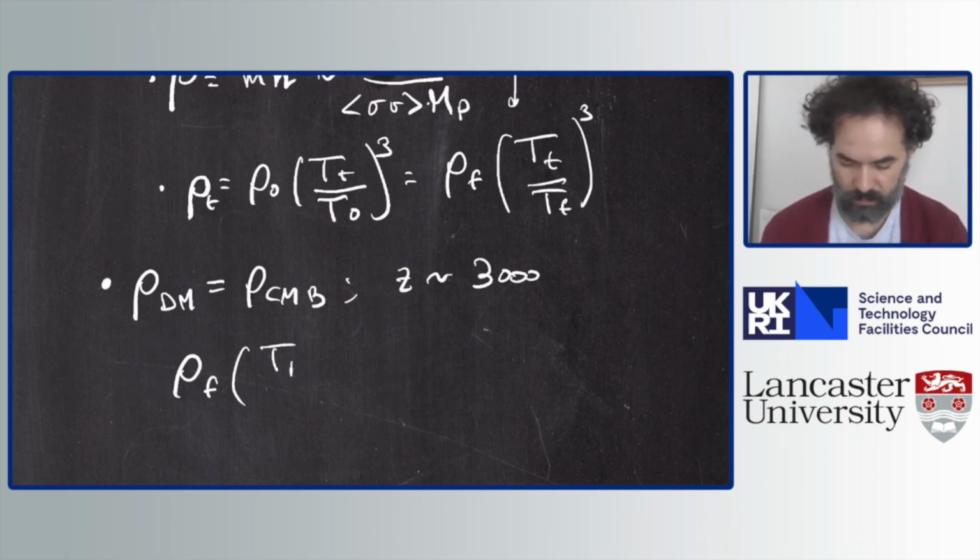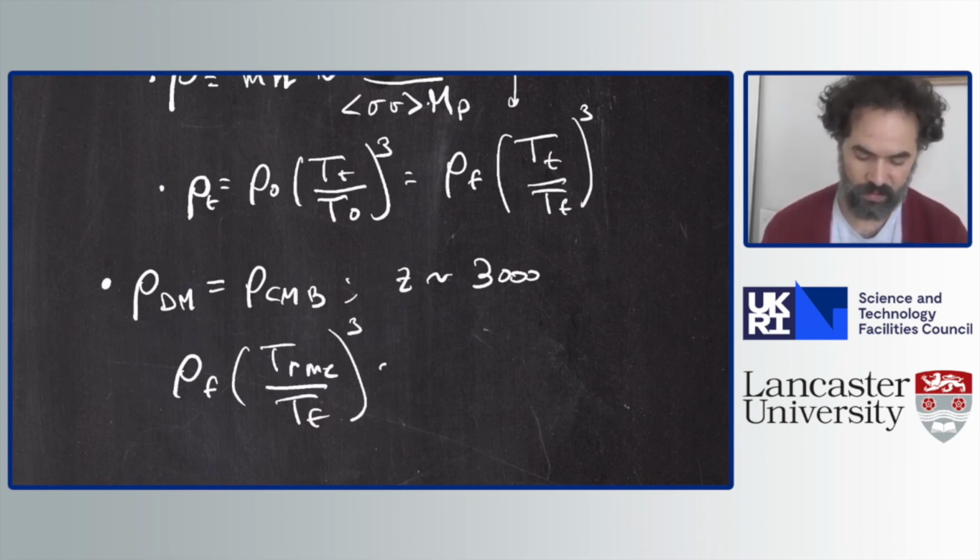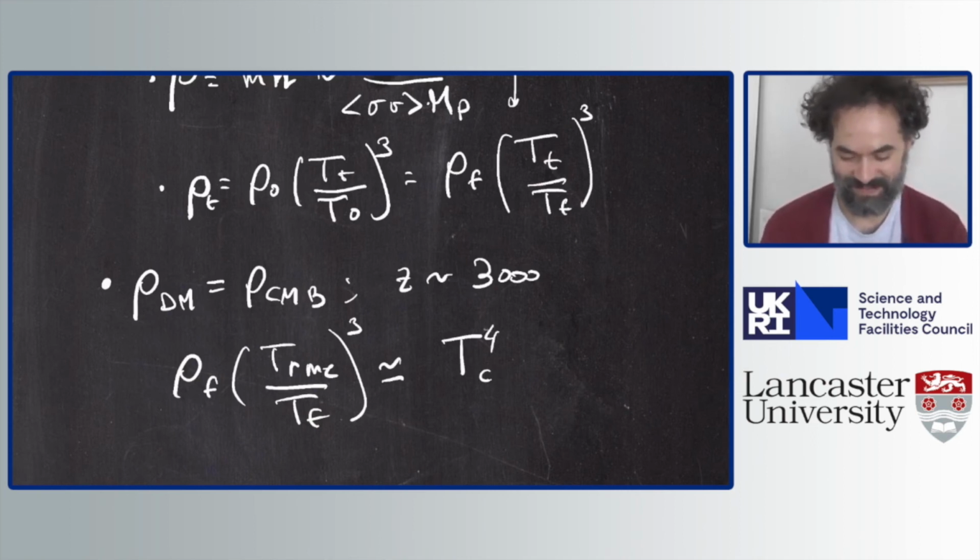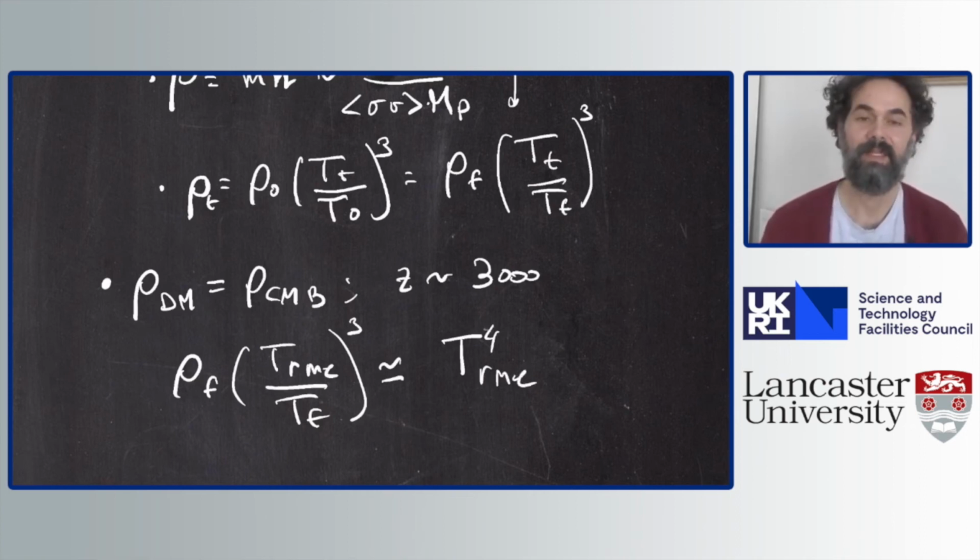Rho at freeze out, T_F, should be equal to the CMB energy density, which is basically given by T to the 4 at the radiation domination epoch, which is the temperature of the CMB at redshift 3000.